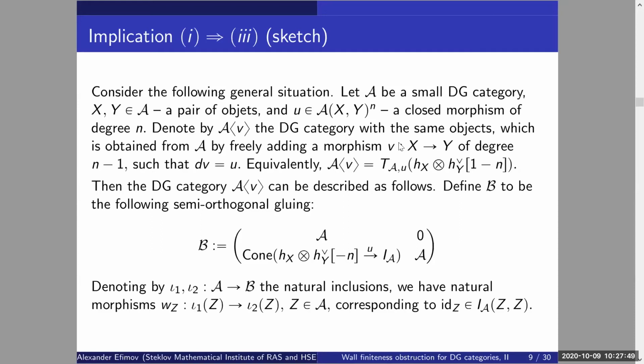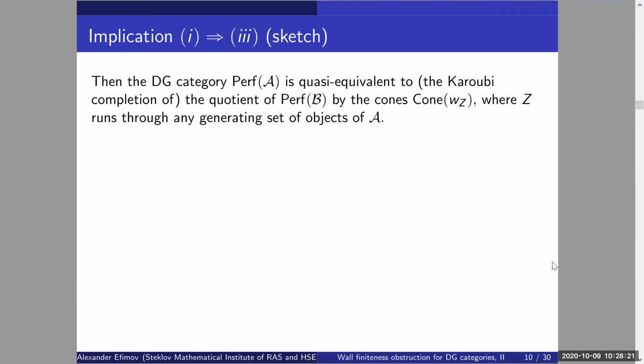Then, if iota 1 and iota 2 are the natural inclusions of the semi-orthogonal components, we have natural morphisms from iota 1 of Z to iota 2 of Z for any object Z of A, corresponding to the identity which lives in the diagonal bimodule, and the diagonal bimodule lives as a sub-bimodule of this cone. And then after we take this gluing, we just need to mod out by the cones of these morphisms W_Z, where Z runs through any generating set of objects of A.